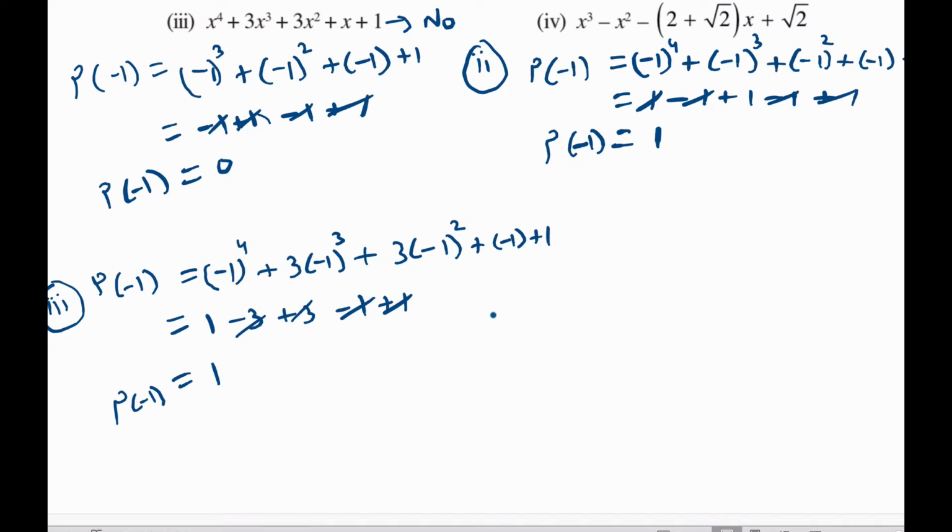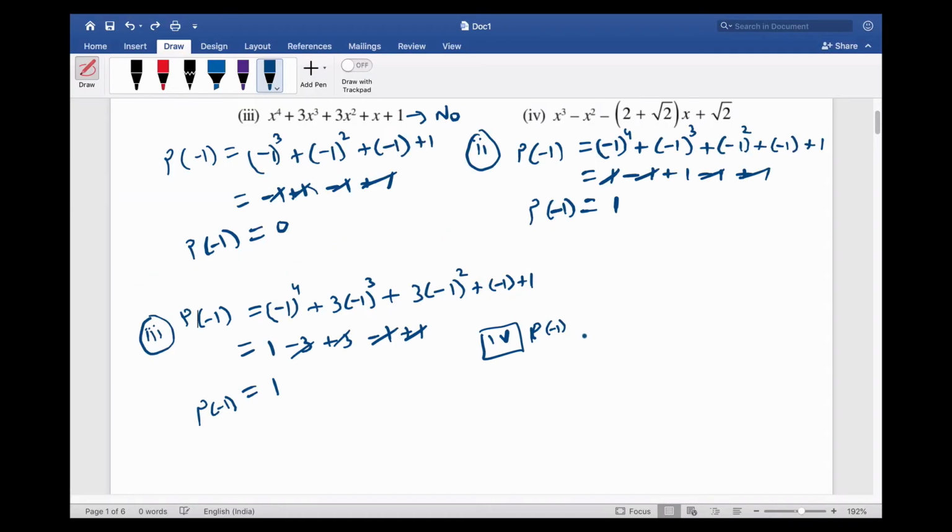Moving to the fourth part. Again we'll substitute the value for p of minus 1. We will get minus 1 whole cube minus of minus 1 square minus into 2 plus root 2 multiplied by minus 1 plus root 2. Now this minus 1 into minus will simply become plus 1.